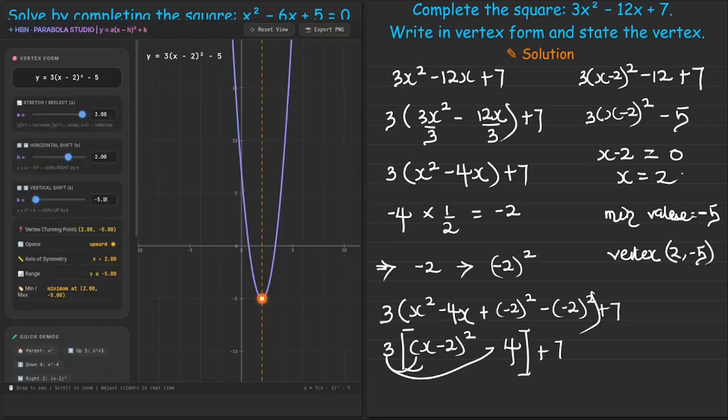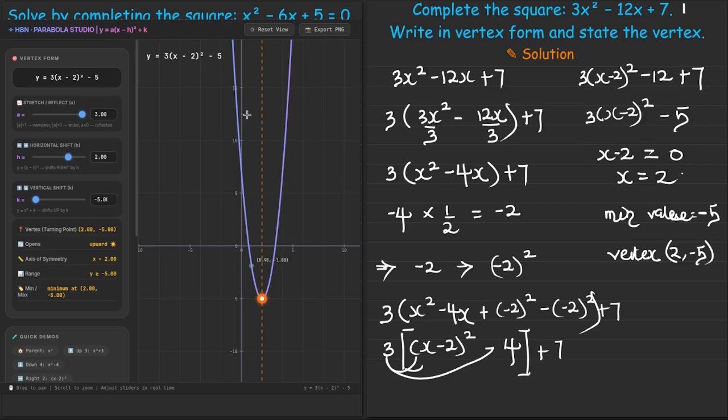Now to confirm that this is the plot of our quadratic here, this is the quadratic, and then we've written it in this form. So as you can see, we have y equals 3 into bracket x minus 2 all squared minus 5. That is the final form we had over here.